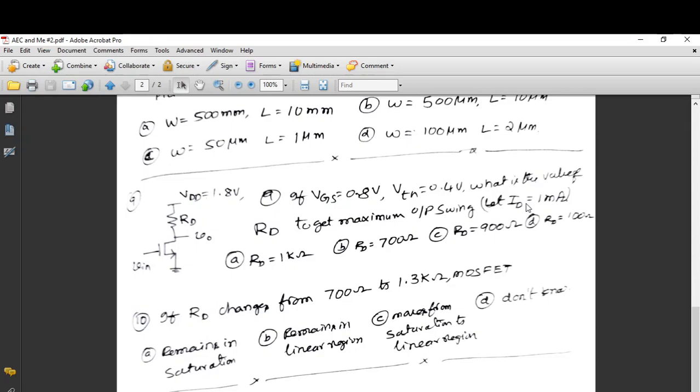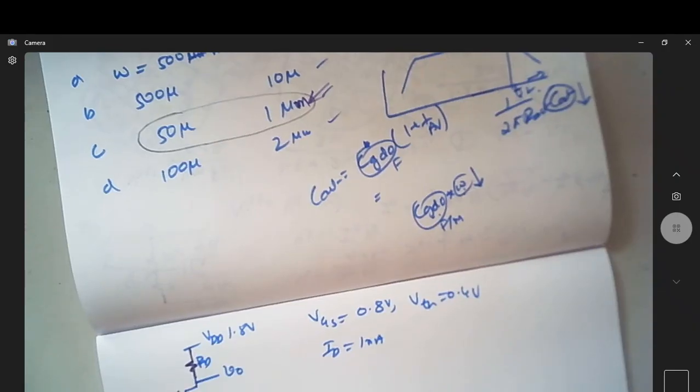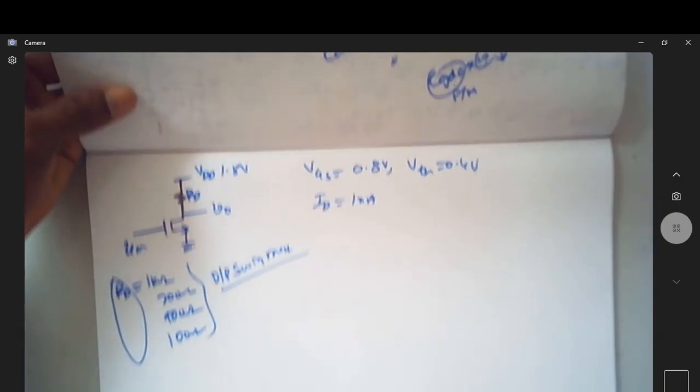We have been given the options of RD equal to 1 kilo ohm, 700 ohm, 900 ohm and 100 ohm. These are the possible values of RD, provided the output swing should be maximum. So with these specifications, let us try to dwell on this.